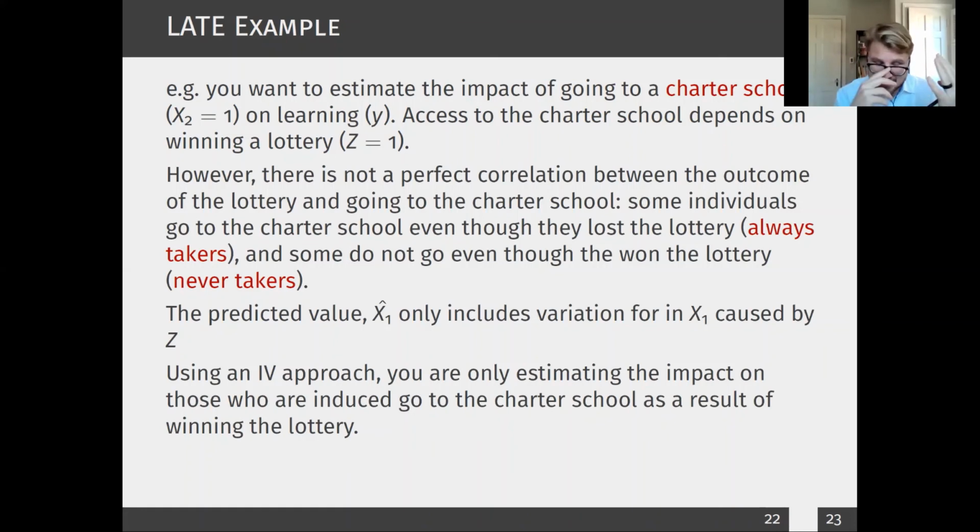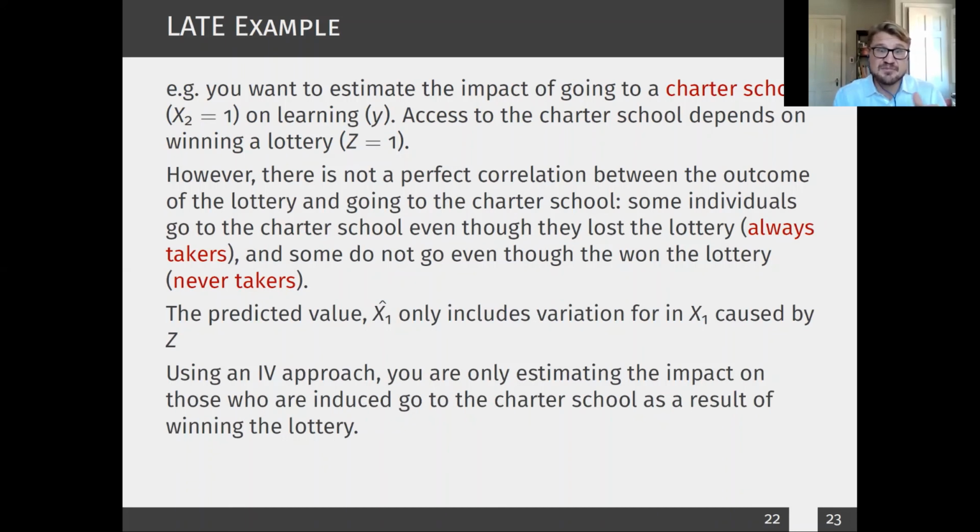If you look at the data, it only has two values based on the average, based on whether somebody won the lottery or did not win the lottery, and it only looks at the variation which is the increase due to individuals who took up the program, individuals who go to charter schools as a result of winning the lottery.